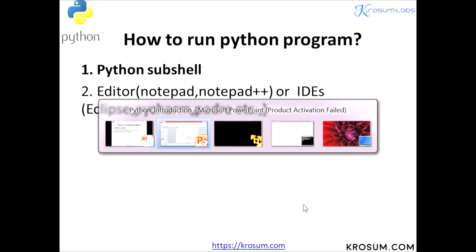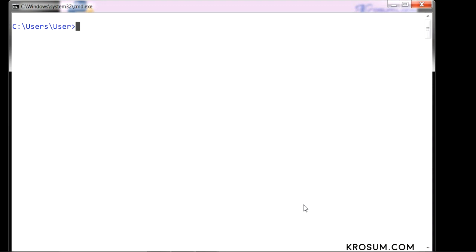This is my Windows command line prompt, the operating system primary prompt. Here I'll type python. I already installed Python and set the environment variable, so I can run the Python command anywhere in my system: D drive, C drive, F drive, anywhere.